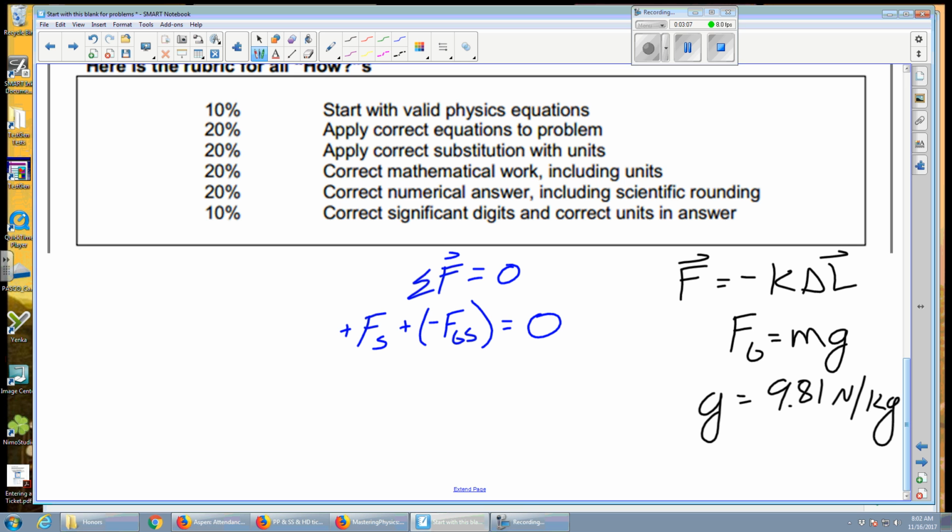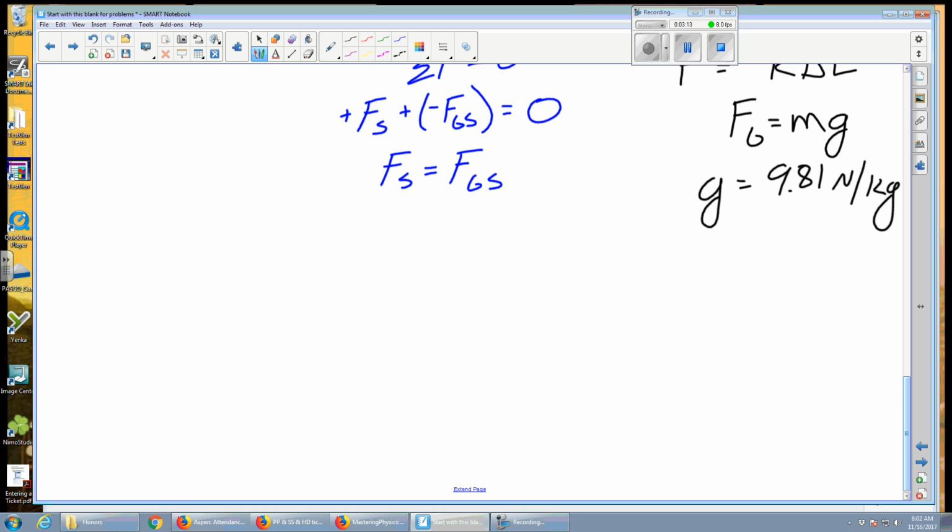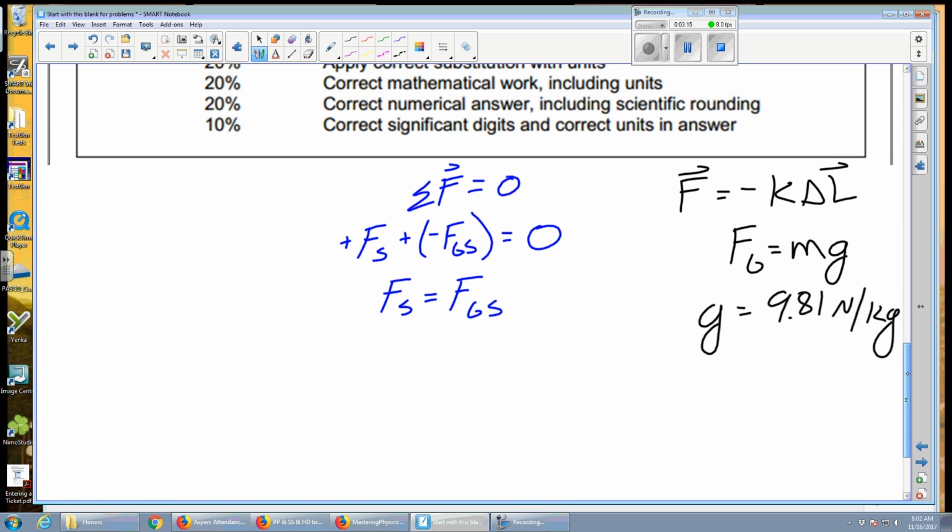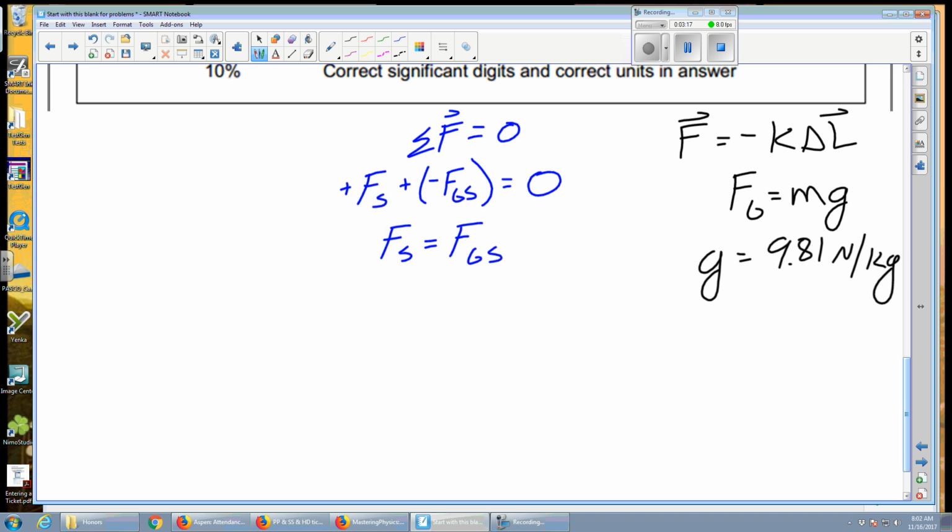So here I'm just going to say that the force of my spring equals the weight of the spider. The magnitude of the force of my spring, remember no vector sign there, is k delta L. The force of my spider would be the mass of the spider times little g because it's on the earth.